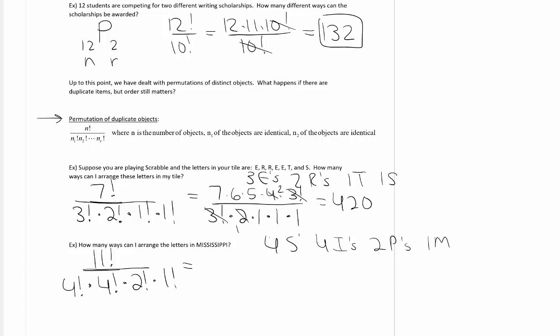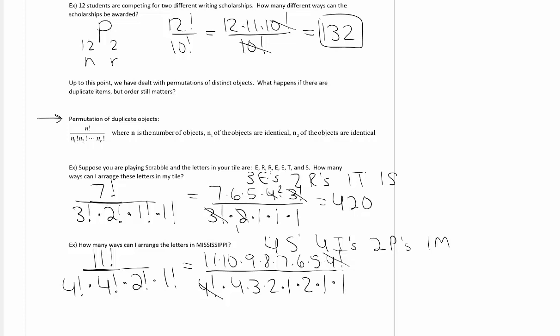So I can write this out. I'll stop again at 4 factorial. Now one of the 4 factorials I'll write out. That's 4 times 3 times 2 times 1. 2 factorial is 2 times 1. And 1 factorial is 1. The 4 factorials divide out.